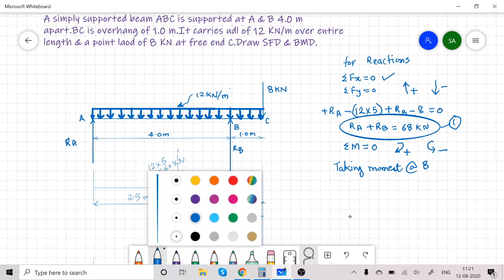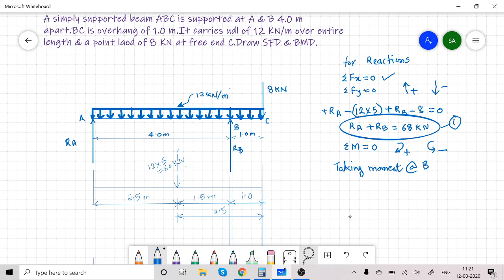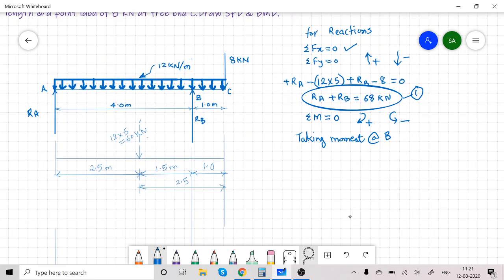Now, as I am taking moment about B, I will consider all the distances up to B and clockwise moment positive, anti-clockwise moment negative. So RA into 4. This is clockwise moment, so I will consider it as positive. Minus 12 into 5, that is the total UDL, which is acting at a distance 1.5 meter from B, plus RB into 0.